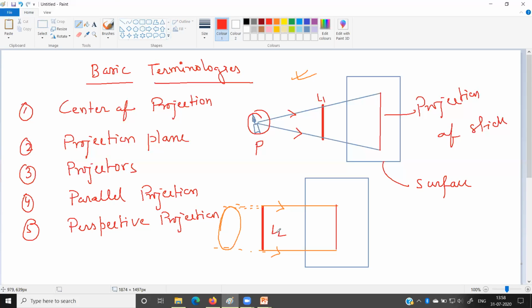For the line 2, whatever projection is formed over here, the length of this line 2 and the length of this projection are the same, equal. So this type of projection is called the parallel projection. Fine. So parallel projection is a projection where the projectors are parallel to each other.